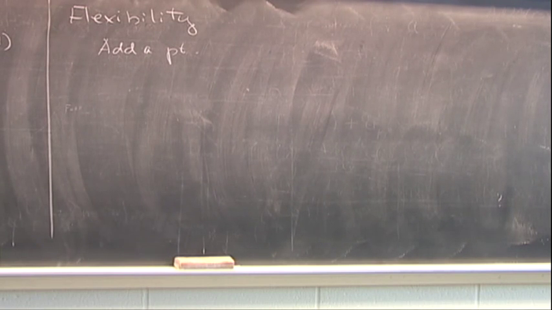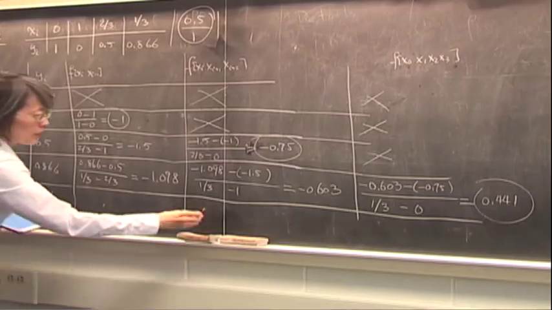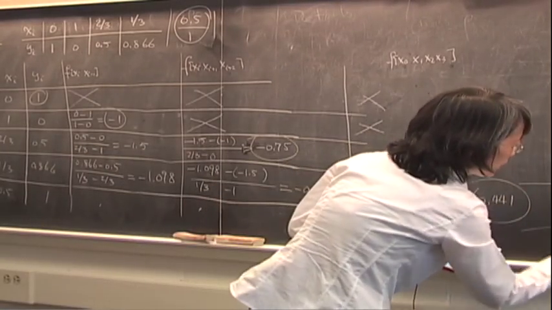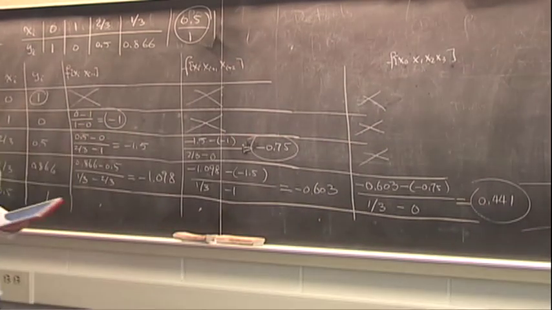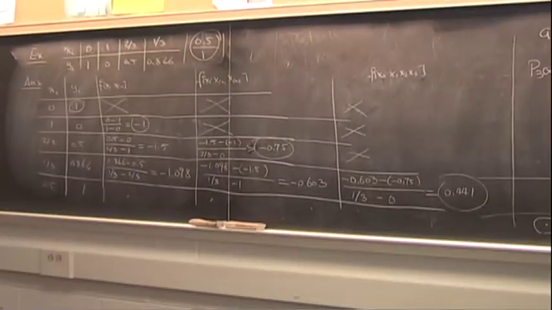I just put in 0.5 and 1. I keep all that computation. I have to work out all these numbers down here, and then I will have an additional number down here. That will be my A4. Is that clear? So it is flexible, right?